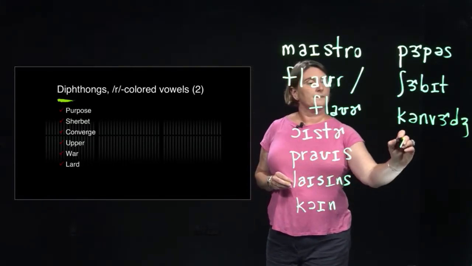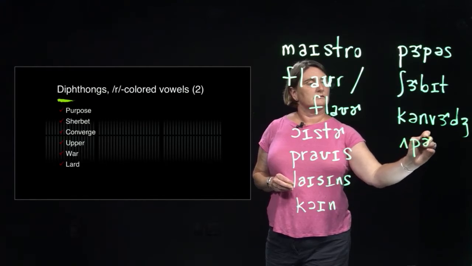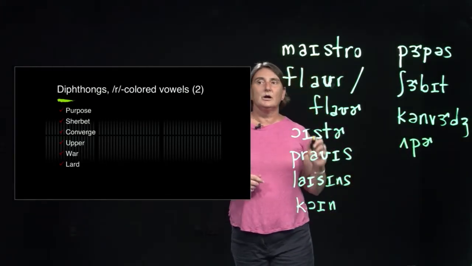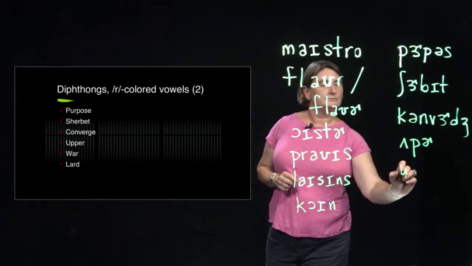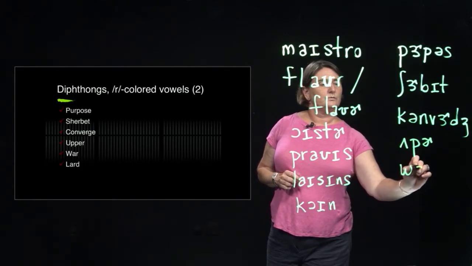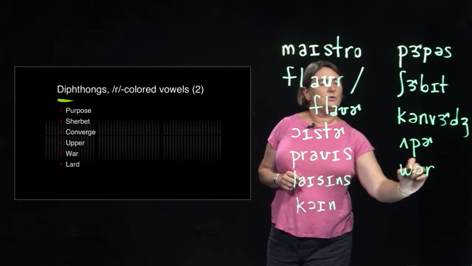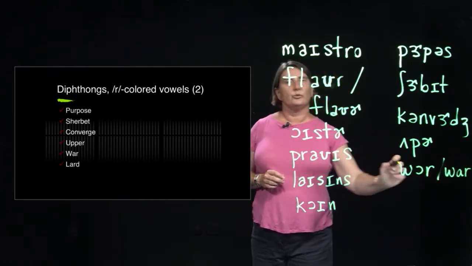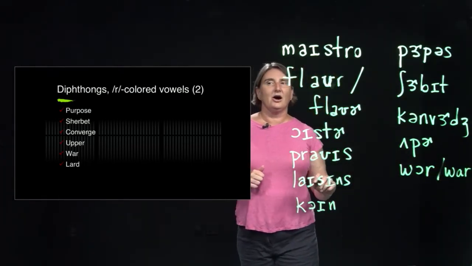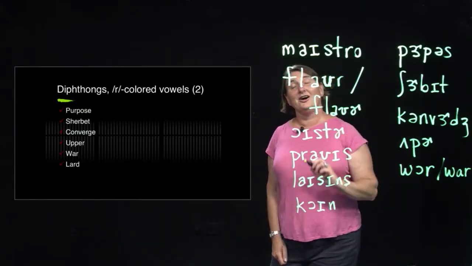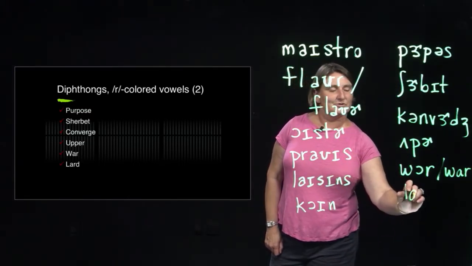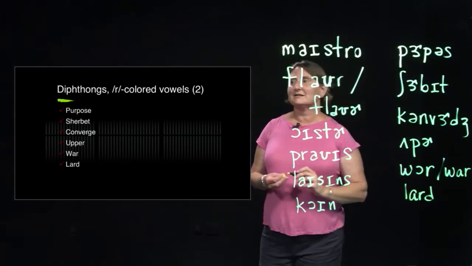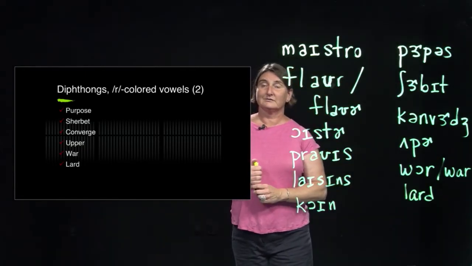Upper, like that, upper. War, war could be war or war, either one of those. And lard, oh, lard is a word that is transcribed just like it's spelled. So that's sort of funny. Lard.